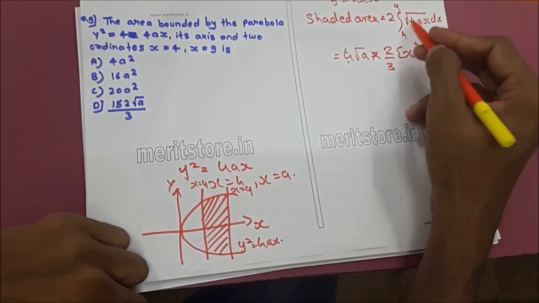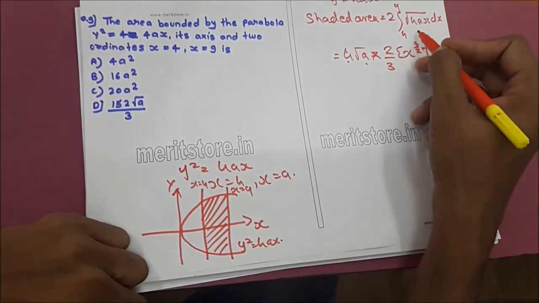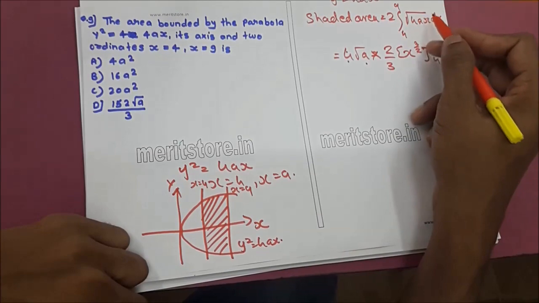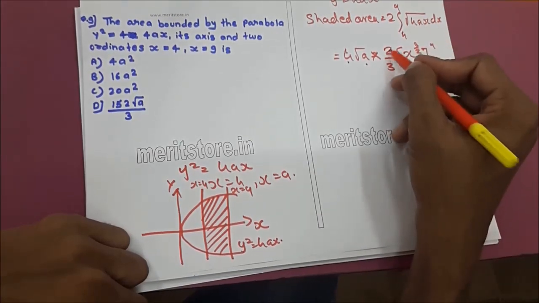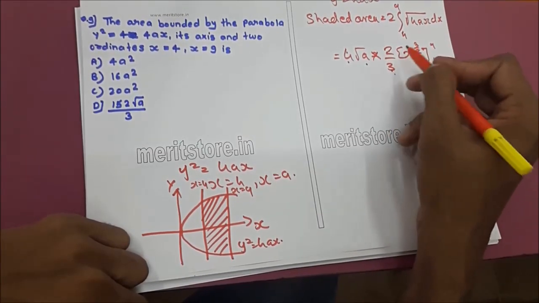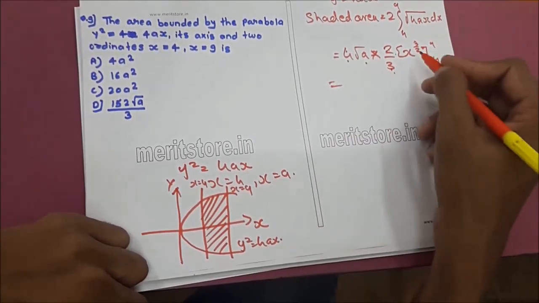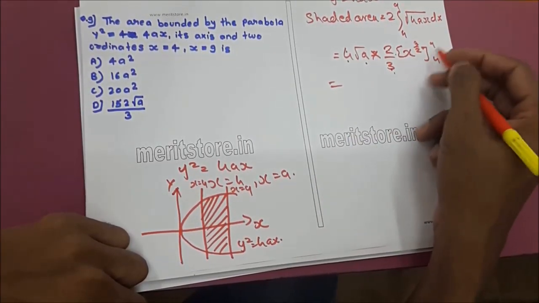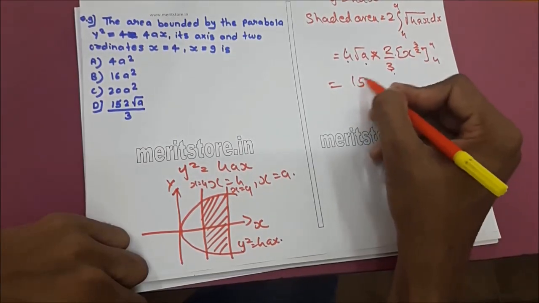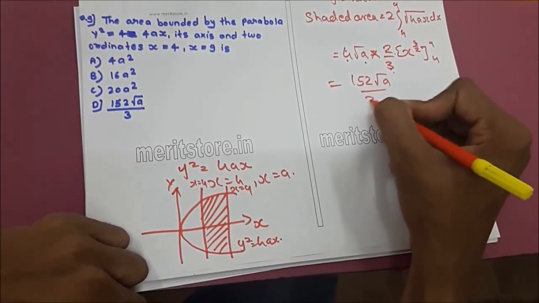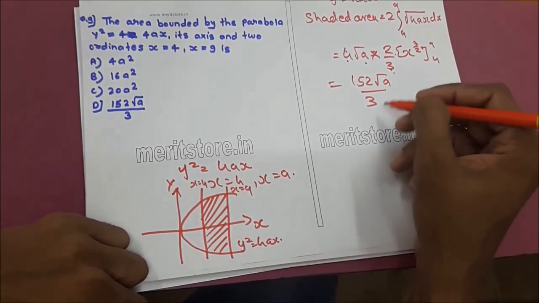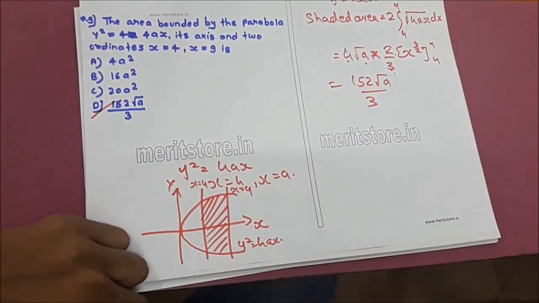Root a as a constant comes out of the integral, and we get 2 into 2 upon 3 into x raised to 3 by 2, and the limits are 4 to 9. Solving this, substituting the value of limits in x, we get 152 root a by 3, which is option D. Option D is the correct answer.